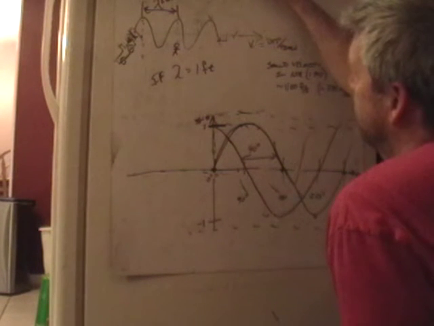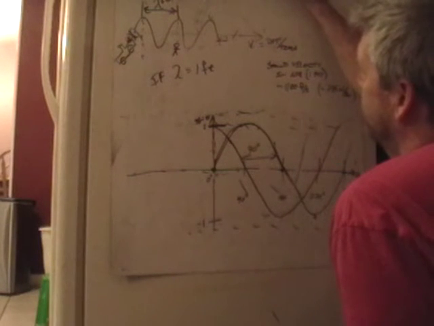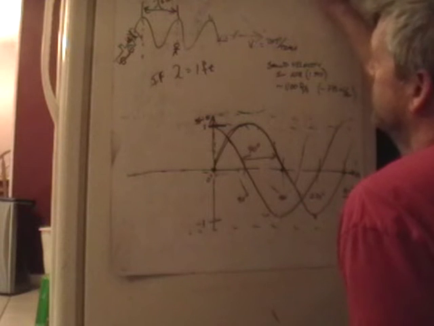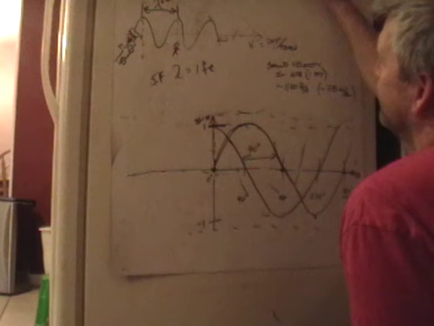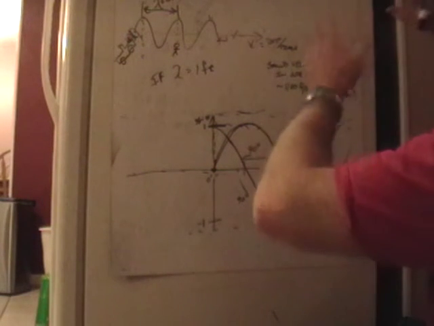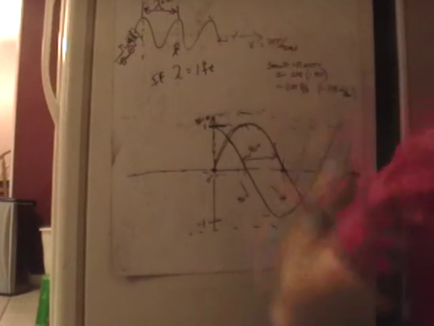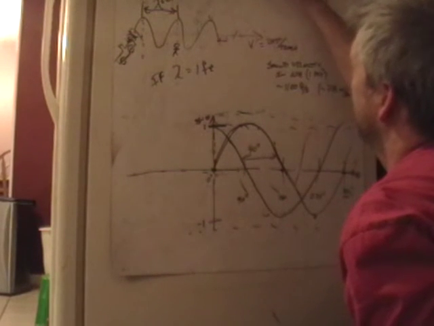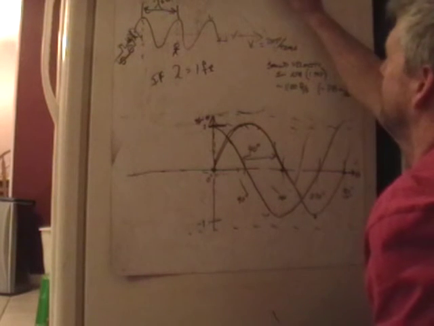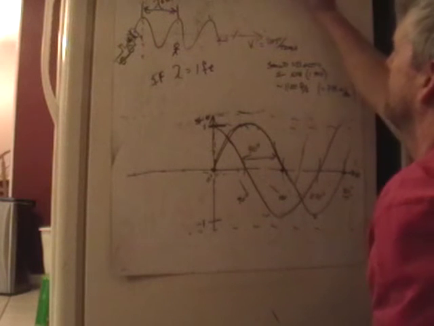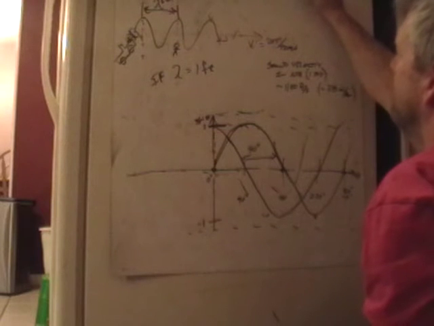Speed, velocity, in feet per second times distance, or, I'm sorry, seconds per foot. One over velocity. Feet per second is equal to seconds per foot.